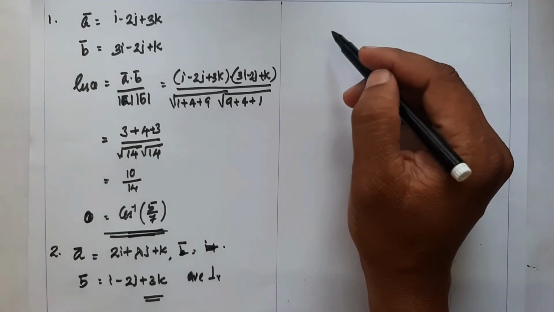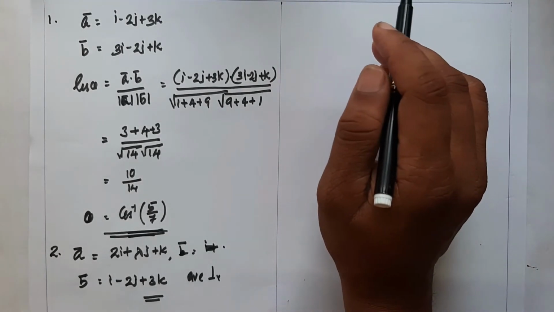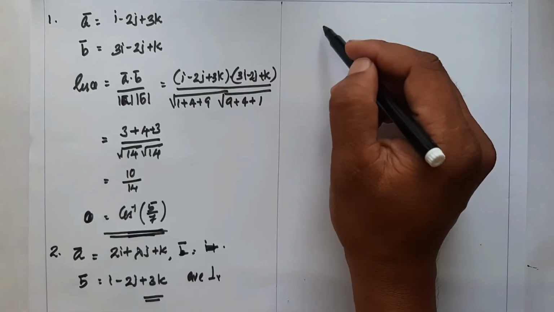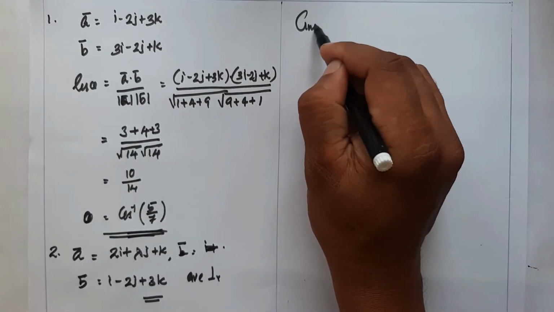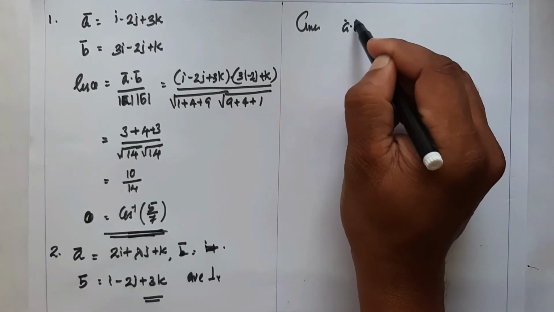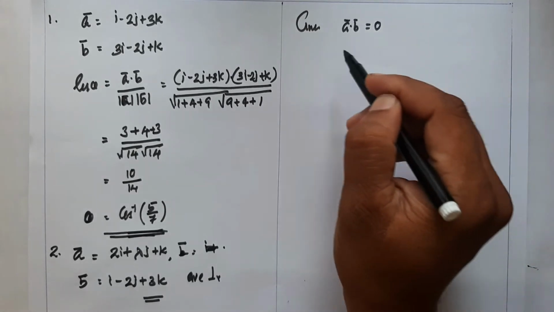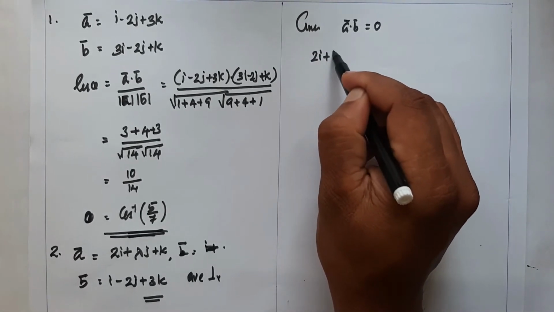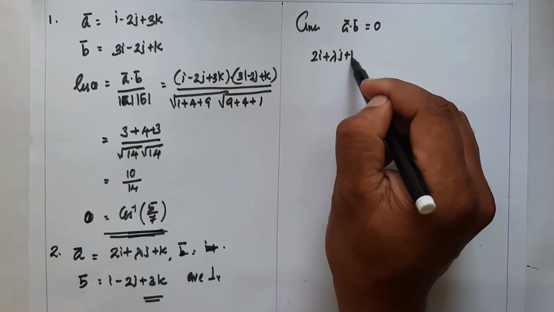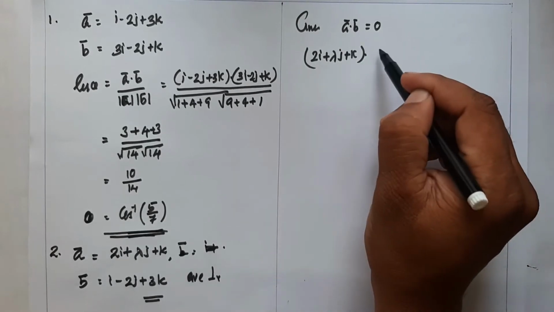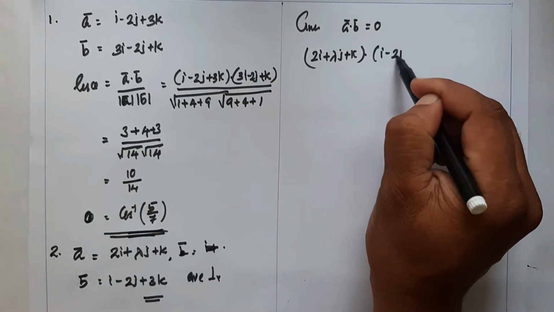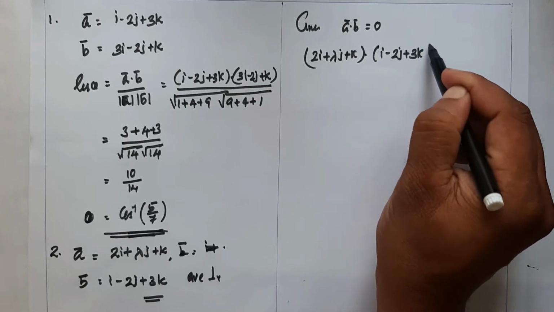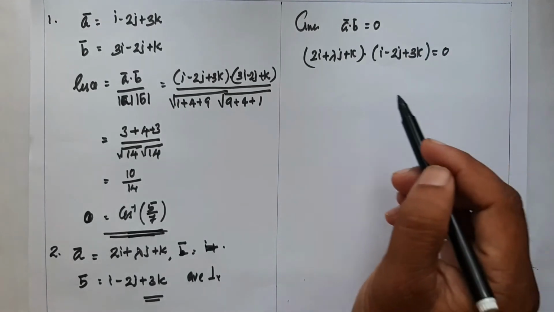You know, when two vectors are perpendicular, their dot product becomes 0. That is, here A dot B is equal to 0. That is (2i plus lambda j plus k) dot (i minus 2j plus 3k) is equal to 0.